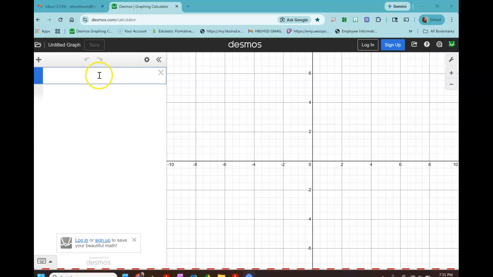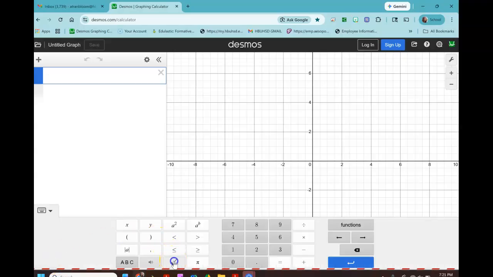Remember, it says it wants us to also do decimals, so I need to do a square root. If you hit this little keyboard, there's a square root button. We want to do 2e and then caret to the 5th. That's all under the radical, and we're going to divide by 4. So that's a positive 4.027.